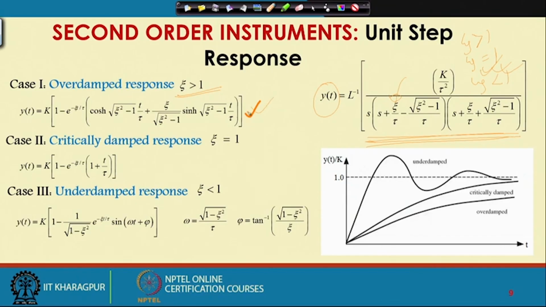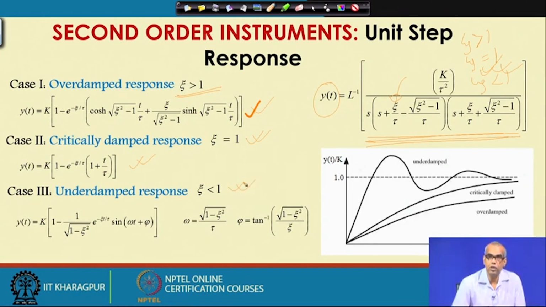When zeta value is exactly equal to 1, it is known as critically damped response, and we get this expression. When zeta is less than 1, what we get is known as underdamped response, which is represented by this equation.